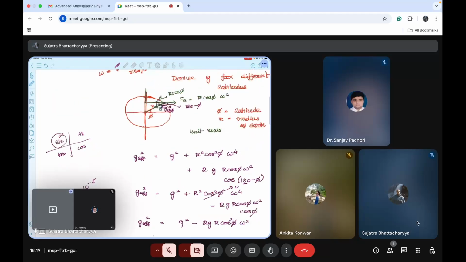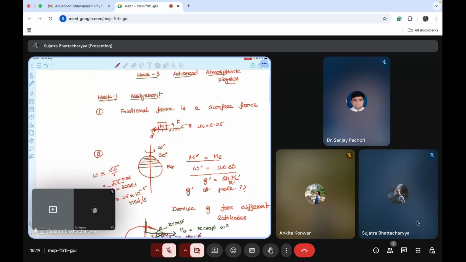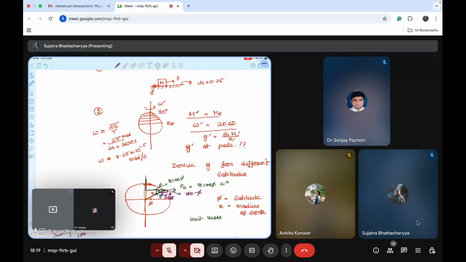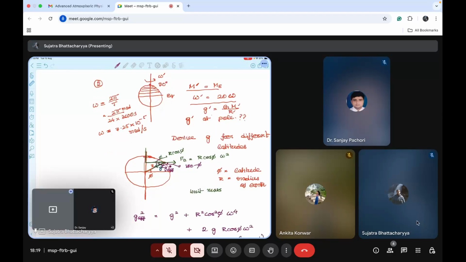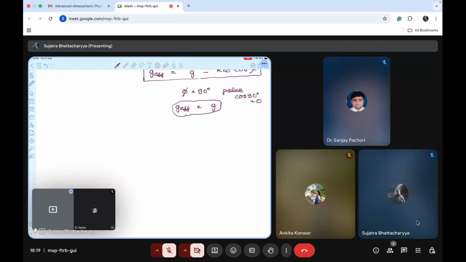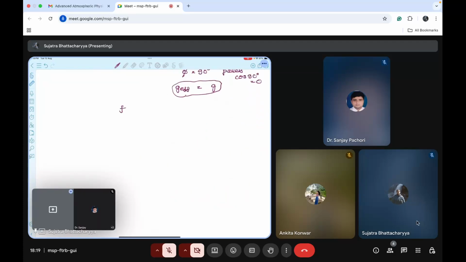Okay. Now let us consider this, your g dash. For the imaginary planet, if you apply the same expression, g effective dash will be equal to g dash minus R omega dash square cos square phi.